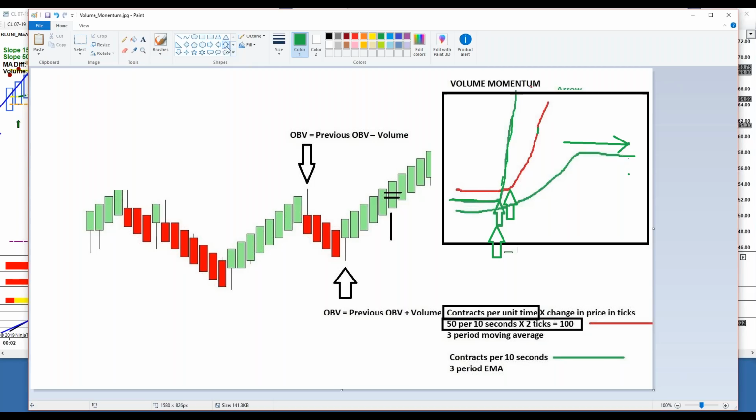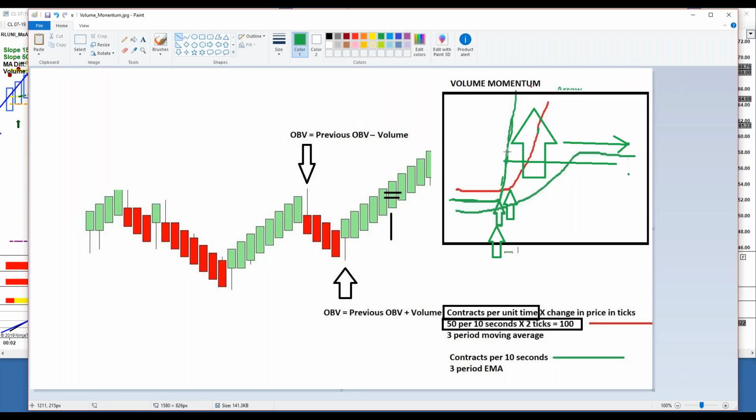And trust me, this is going to go up because nothing is going to take up volume per unit time to a bigger and bigger amount. Remember, if volume stays constant, this line will flatten right out.